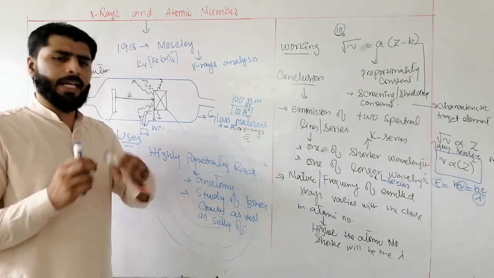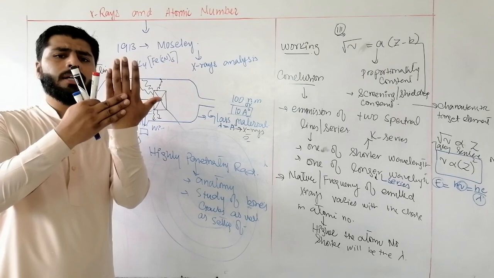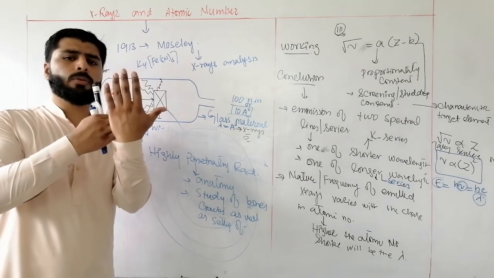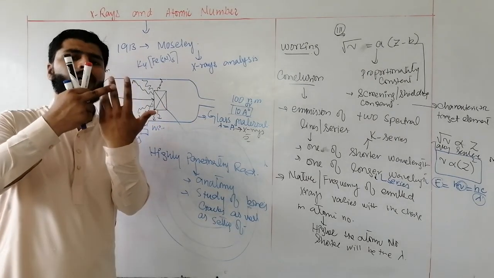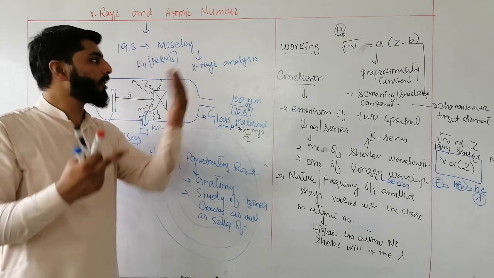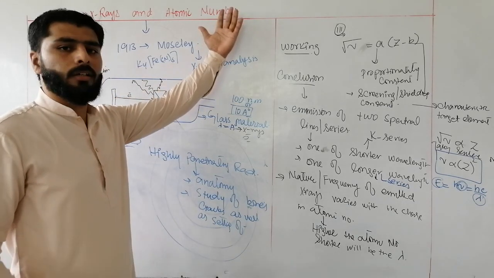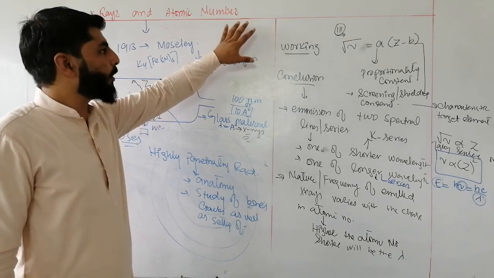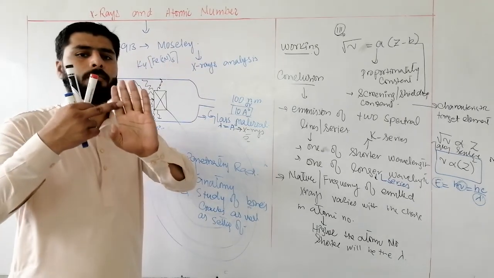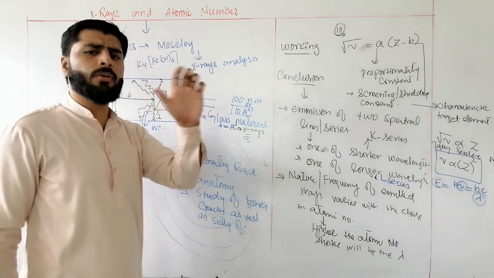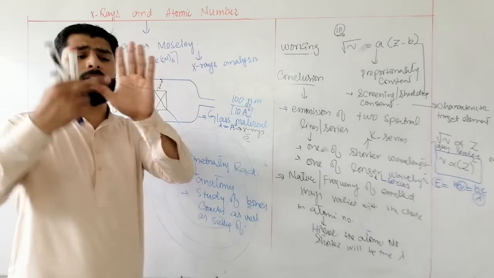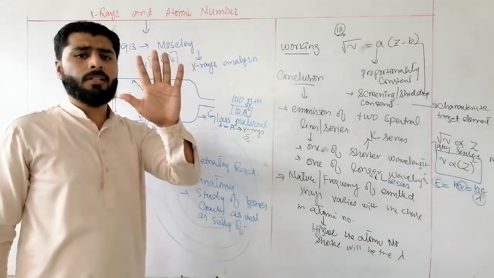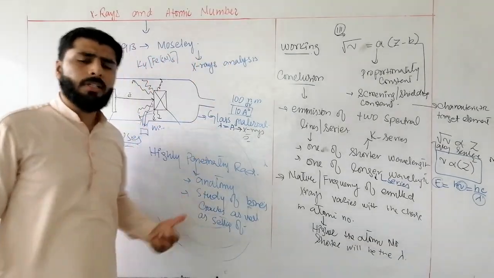When X-rays are bombarded here, they will pass through except from the bones, and there will be a shadow of the hand. You can easily find the cracks, or if there is no crack, you can easily find the joints present in the fingers or all the bones.